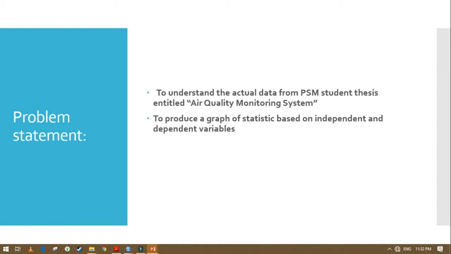Independent variable and dependent variable are two types of variables that are required from the thesis to produce a graph of statistics. And the third one, SPSS software will be used for this task to analyze the real data for complex statistical data analysis, to analyze selected problem statement data based on given criteria.